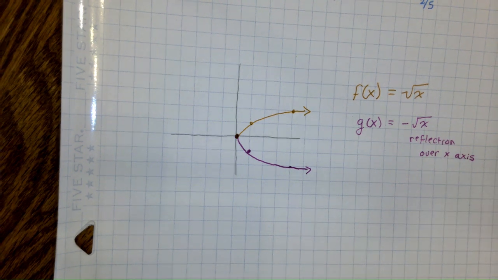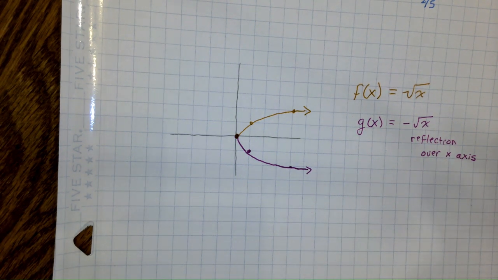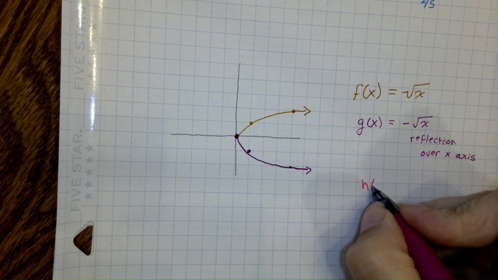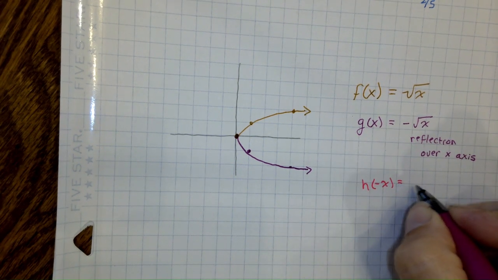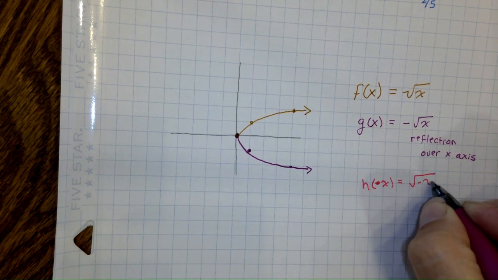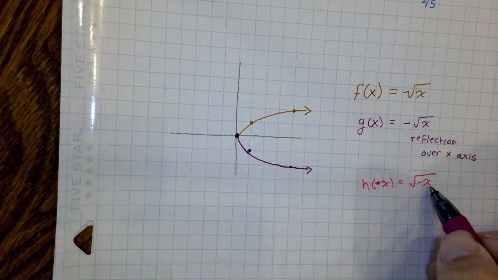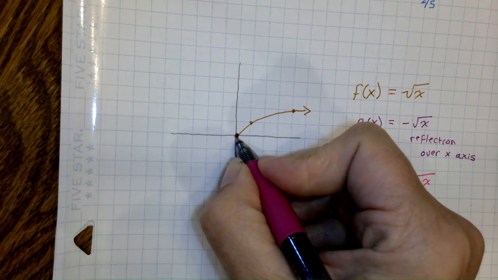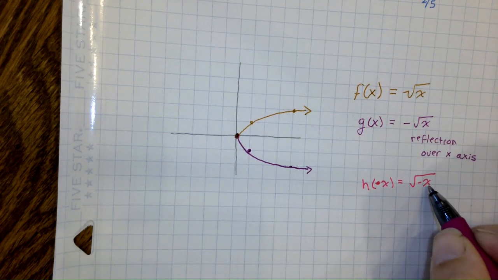Okay. So I wonder what happens if I put a negative on the inside instead. Whoops, h of x. I got busy with my negatives. Okay, well now if I substitute 0, I'm fine. But if I substitute 1, now I have the square root of negative 1, and that doesn't work.